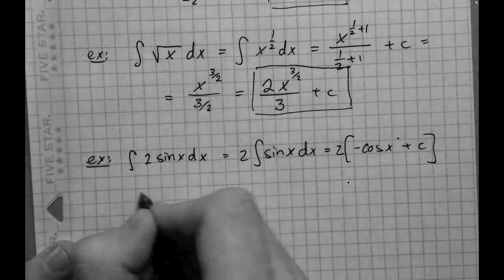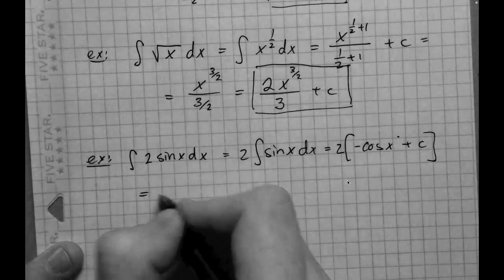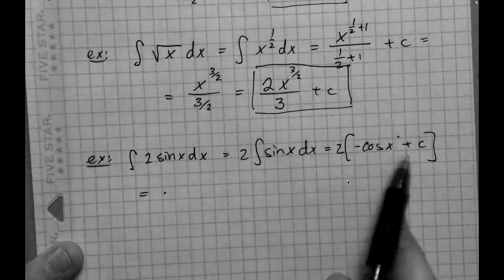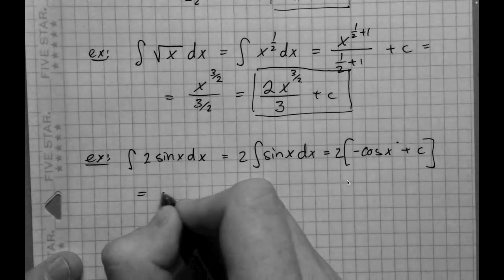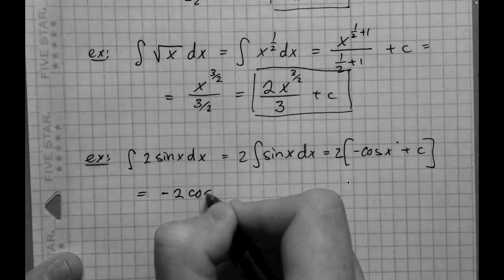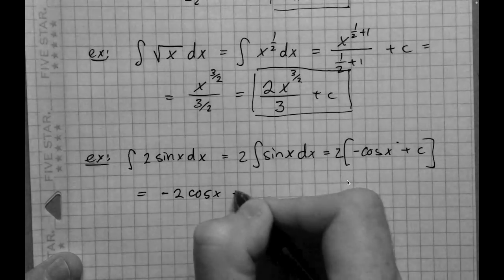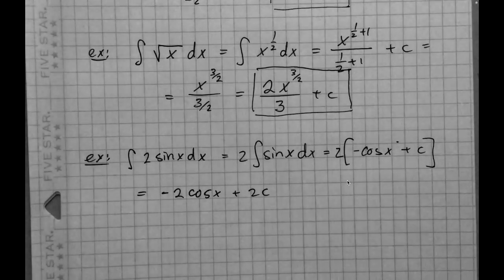Multiplying through the constant, you would get negative 2 cos x plus 2 times c.